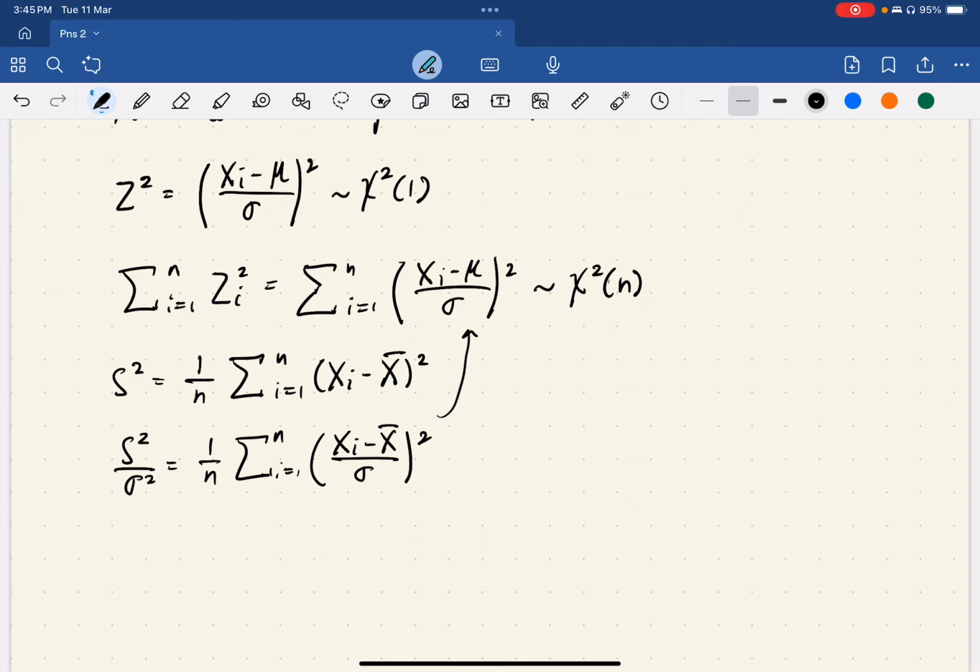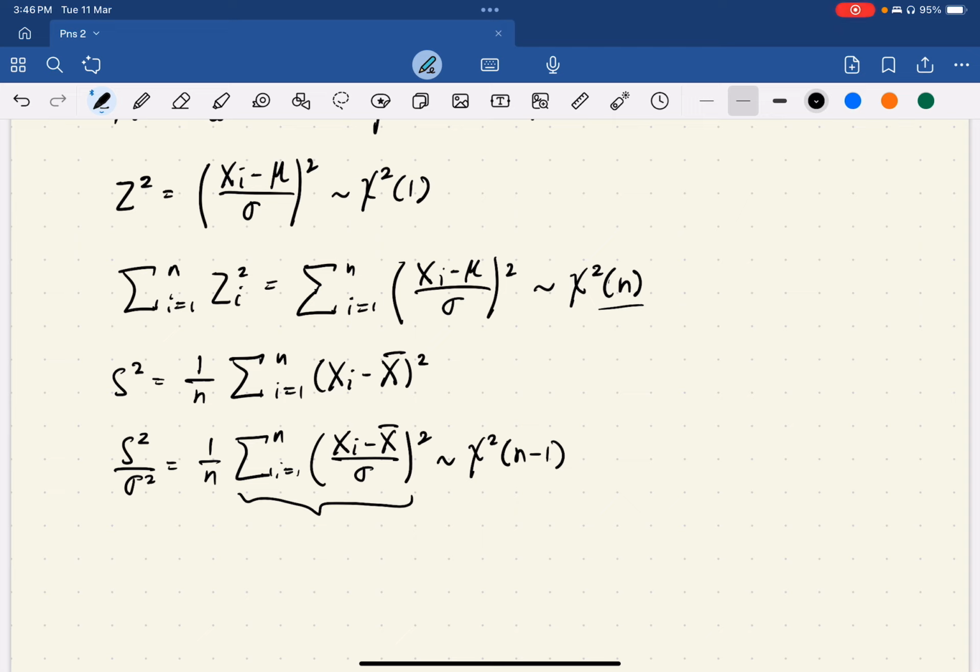So since you have n of these random variables, for this part here, we say that this follows the chi-square variable with degree of freedom n minus 1 instead of the n degrees of freedom.